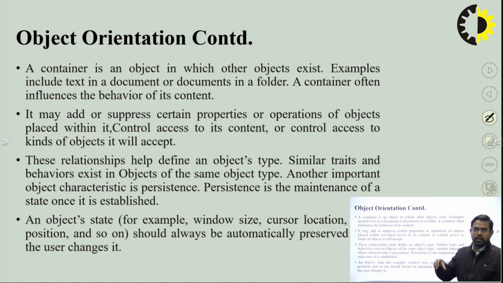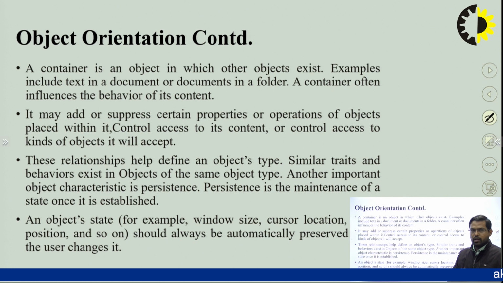First is the folder, then the document including the text, then the paragraph, and then the line. A container may add or suppress certain properties of the operation of the objects placed within its control, control access to its content, or control access to the kind of object to be accepted.